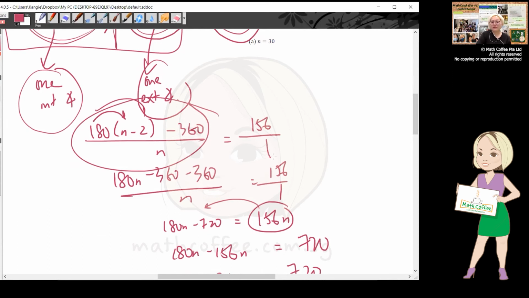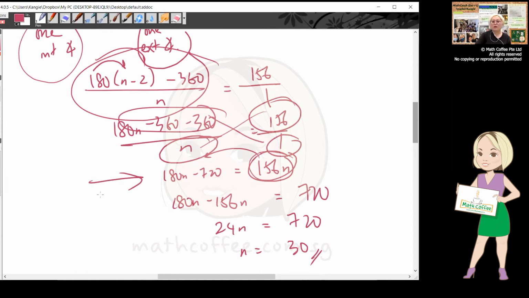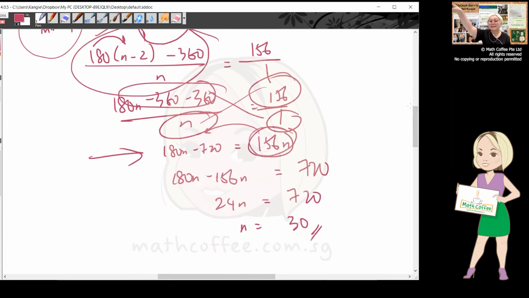Once you're done with a single fraction on both sides, what I did was I cross multiplied. Then this one times this one equals 156 times n. Then this is already flat, what I call flat. Then you bring all the n to the left-hand side, the number to the right-hand side. Then after that, you solve here.